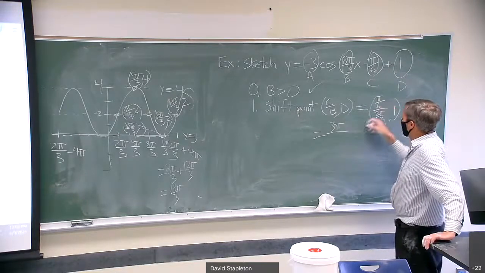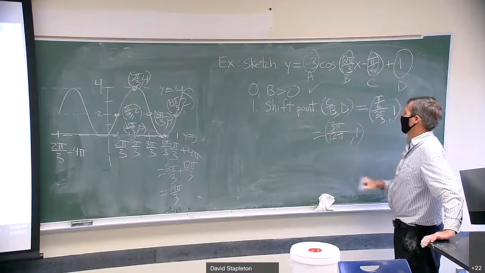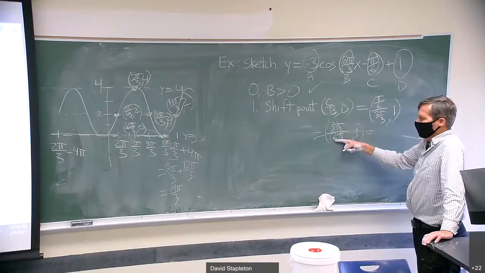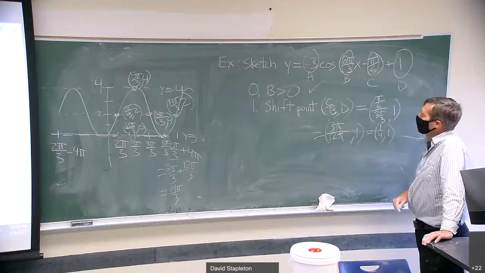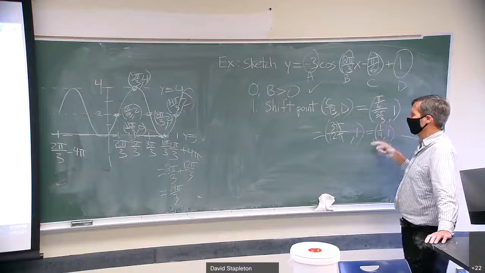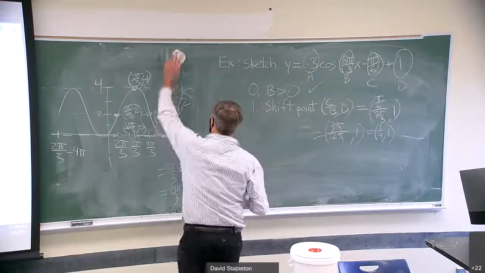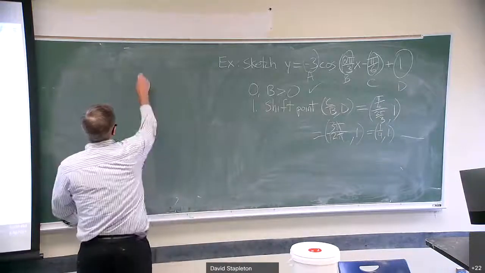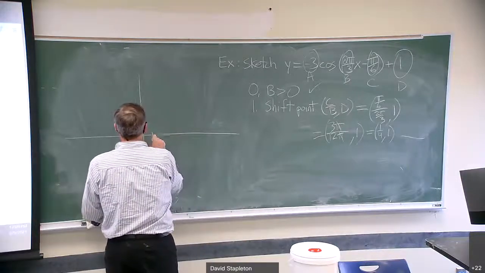Middle times middle is 12 pi. It is 1/4. The pi's cancel in this case. So this time, because I have a pi in my B, I actually get a number without pi in it for the shift point. And put it over here. I'll go to the shift point 1/4, 1.